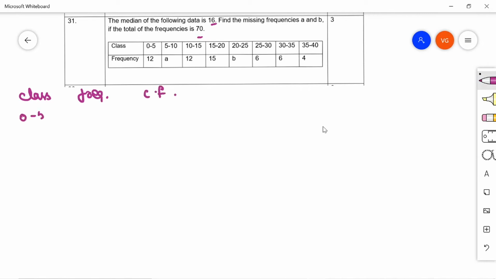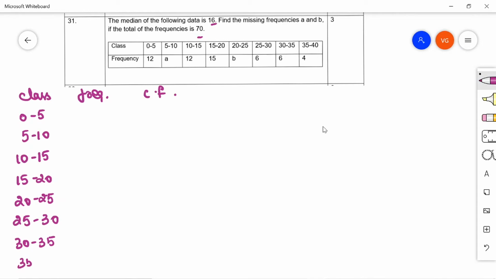So write it down: 0 to 5, 5 to 10, 10 to 15, 15 to 20, 20 to 25, 25 to 30, 30 to 35 and 35 to 40. And the corresponding frequency also note it down. Here 2 of the frequencies are missing, A and B they have marked.